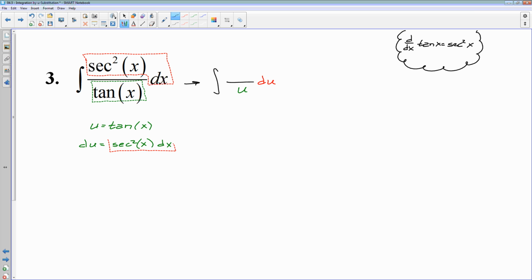And since I took everything out of the numerator, I'm going to hold that place with a 1. And hopefully that looks familiar. 1 over u, 1 over u. That is the derivative of the natural log, except remember we put it in absolute values. And then I just need to substitute my tangent x back in. So this is going to be the natural log of the absolute value of tangent x.